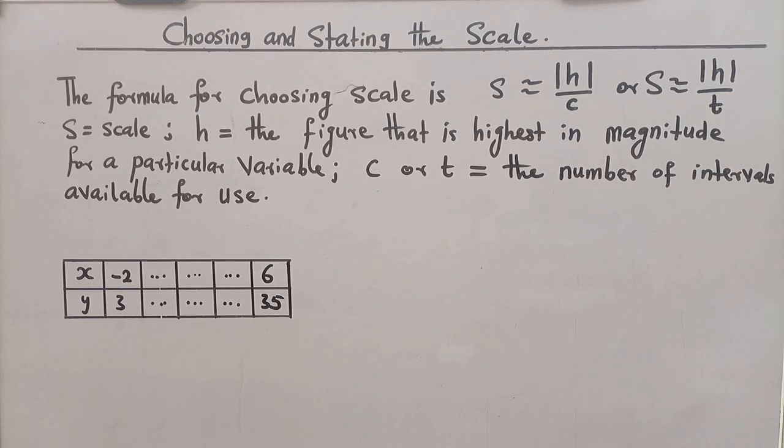Let us explain what each of them means. This S is scale. Perhaps already you have known what a scale is. The symbol approximately equal to reminds us of the fact that the value of scale we're going to get must not be rigid.